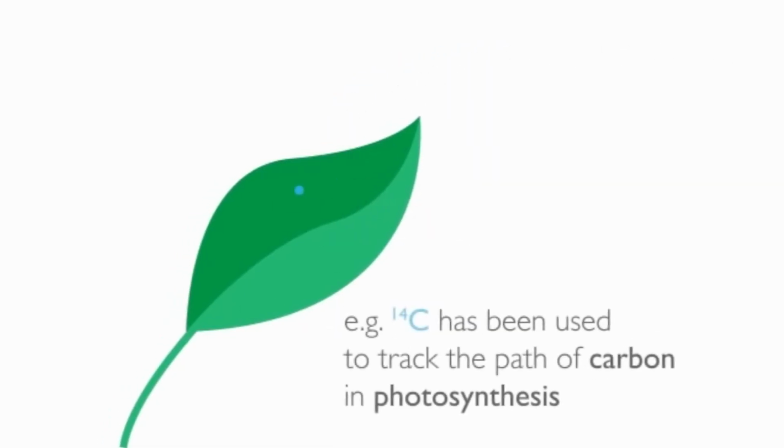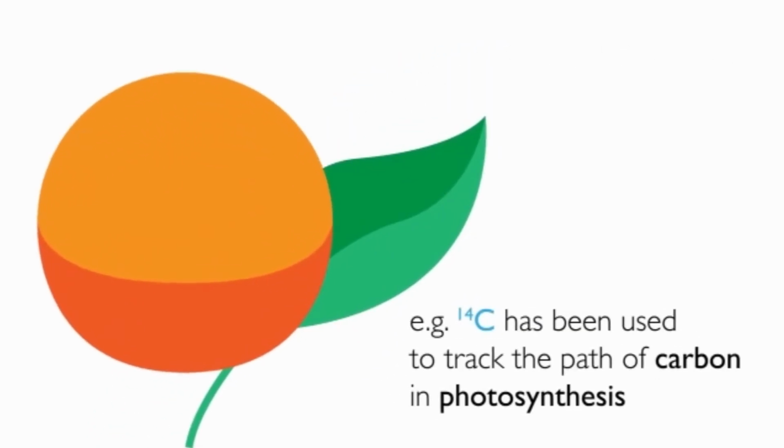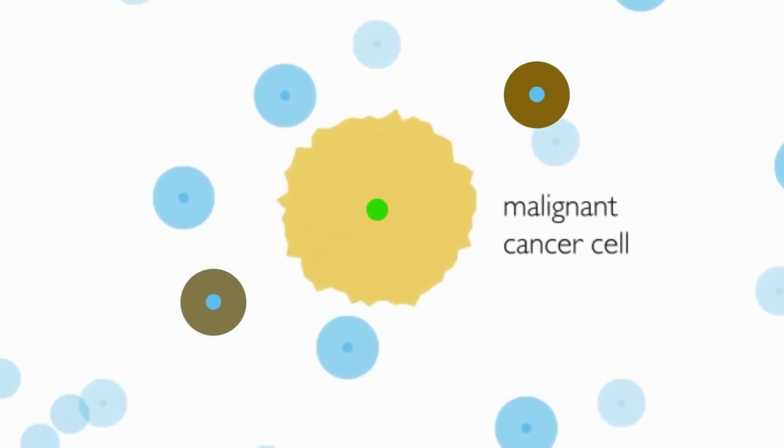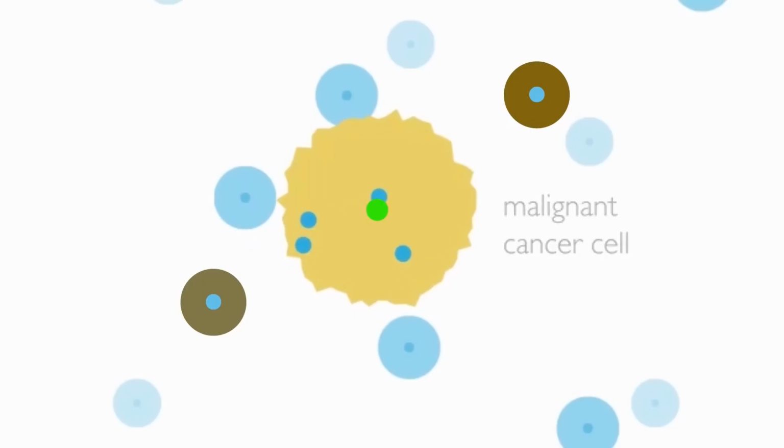Atoms of radioisotopes can act as markers, allowing chemists to follow how a reaction sequence occurs. And of course, radioisotopes are also used in radiotherapy to kill malignant cancer cells. So, as you can see, isotopes are important in modern science, and so we'll finish with a summary of the key points.